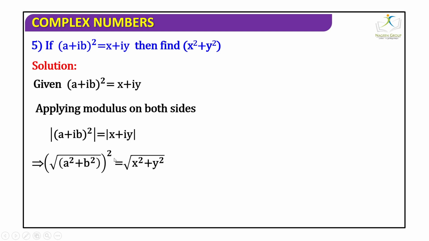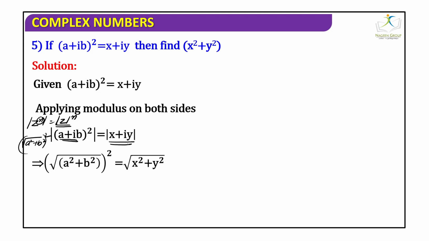So yes, we have applied the formula here. But what is the property here? It is modulus of z to the power n, right? This is z. So if you have n, we can separate it as modulus of z to the power n. Are you getting it? So first we are finding the modulus of this value. So the modulus of this value is under root of a square plus b square, right? And then we take the square of this term, and this is square, okay?